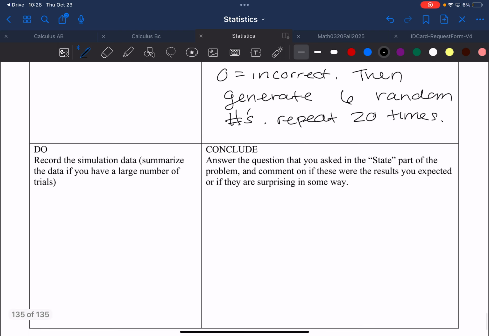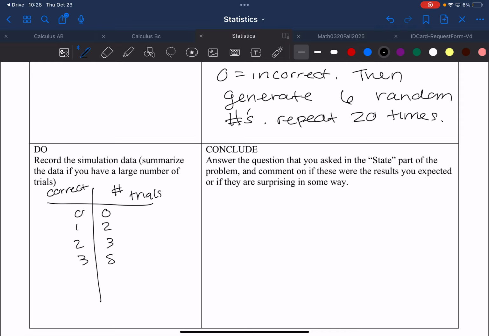So let's say we actually do this simulation, and this is what happens. This is the number correct, and this is the number of trials. Let's say on the first trial, they got 0 correct. On the second trial, they got 1 correct, and this is the data they got when they did it on theirs.